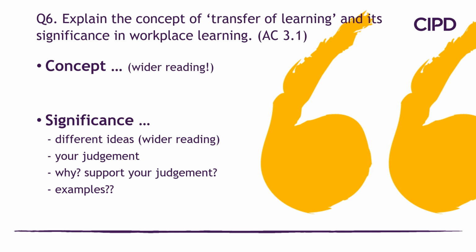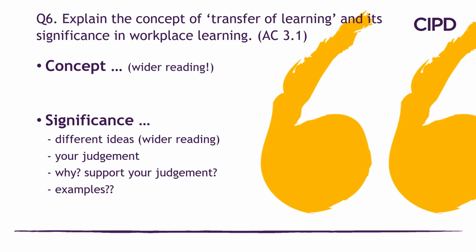Explain the concept first of all, and either within that explanation or as a follow-on from it, talk about the significance of transfer to workplace learning. And you can't really overemphasize the significance. It's really for you to express your judgment, why you think transfer of learning is important. Again, you can bring in different ideas about what other people have said. It might also be a great place to bring in some examples.